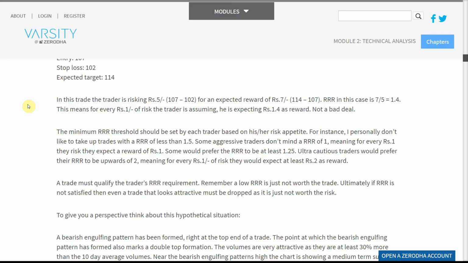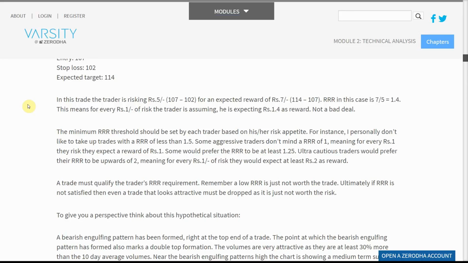Ultra-cautious traders would prefer their RRR to be upwards of 2, meaning for every 1 rupee of risk they would expect at least 2 rupees as reward. A trade must qualify the trader's RRR requirement. Remember, a low RRR is just not worth the trade. Ultimately, if RRR is not satisfied, then even a trade that looks attractive must be dropped as it is just not worth the risk.